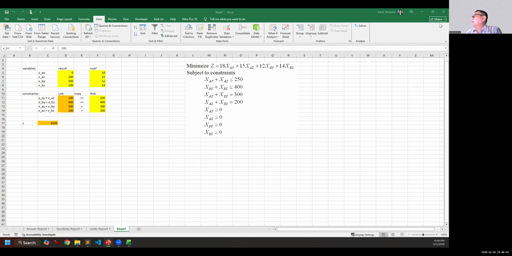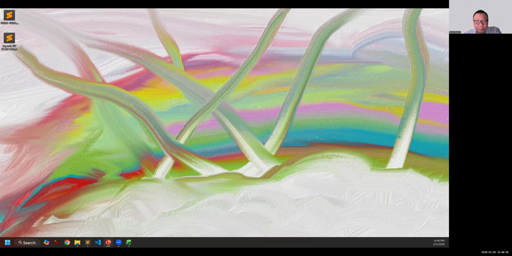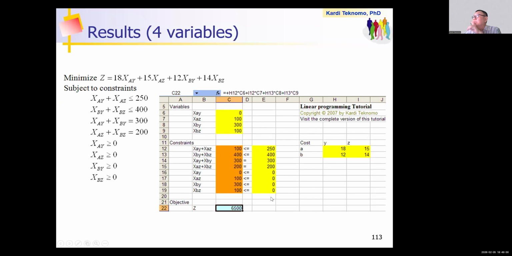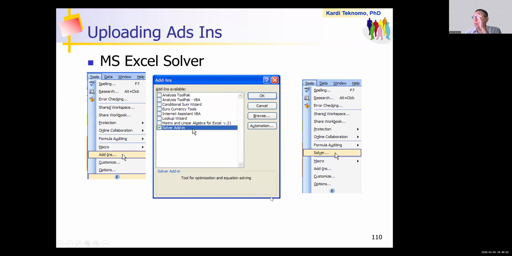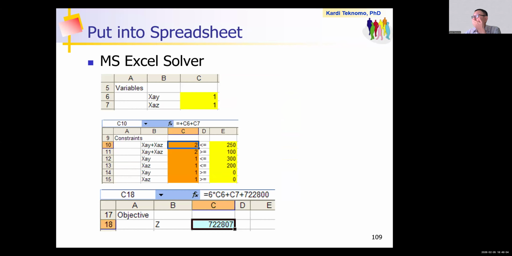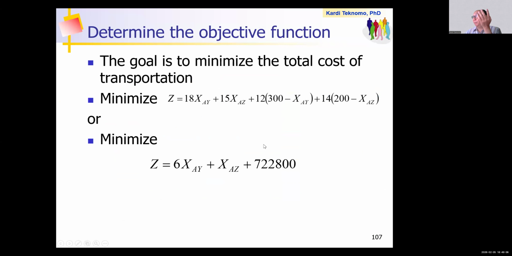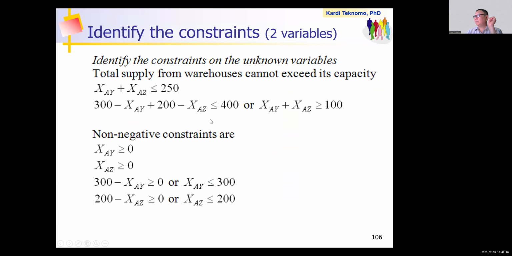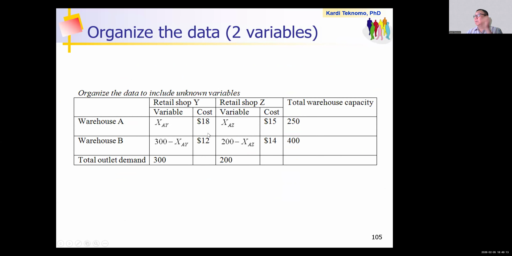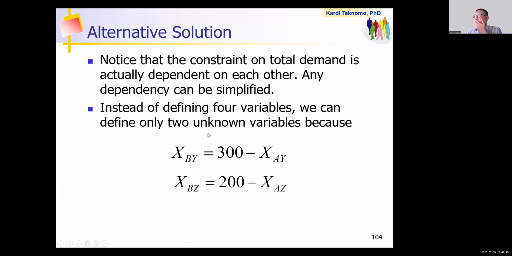So let me go back to the slide then. A while ago, we were using 4 variables, isn't it? We are using 4 variables. So an alternative solution is to use not just 4 but 2.